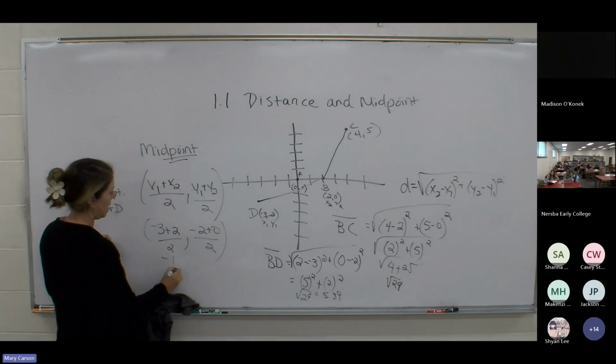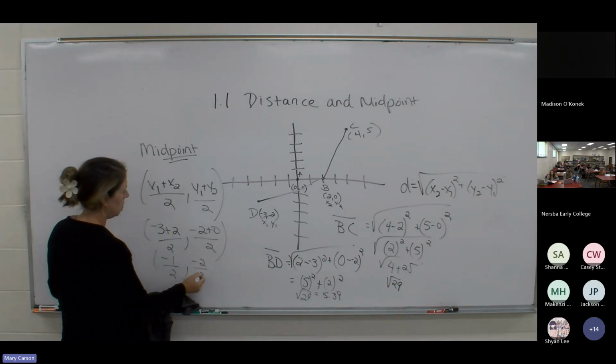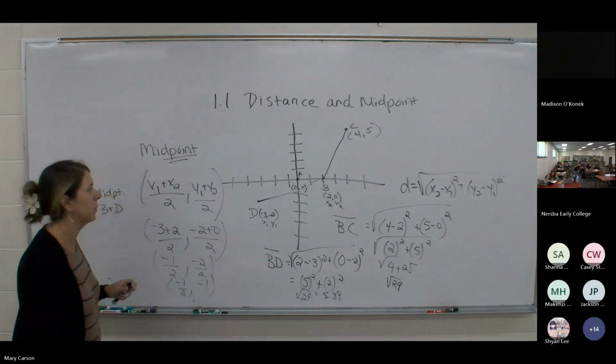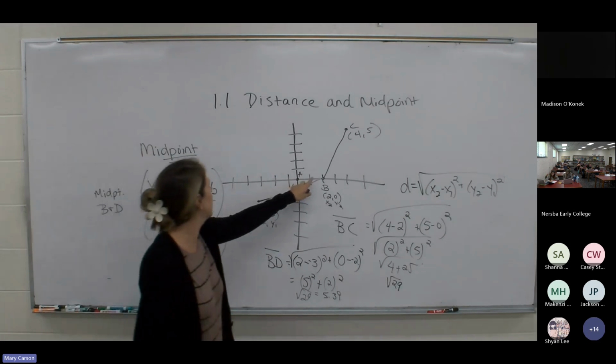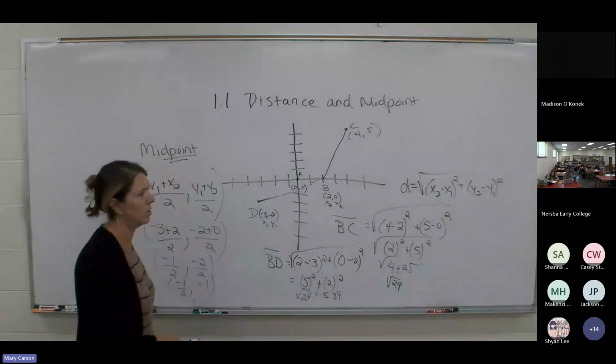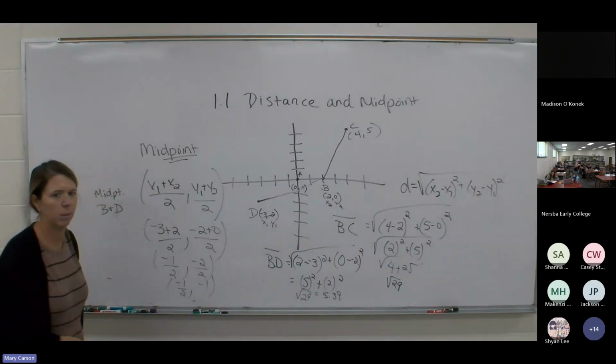And that's going to give us -1/2 and -2/2, which is -1. So we've got -1/2 and -1 as our answer. And if I check it up here, -1/2, -1 does not look like half, but obviously my graph is not perfect.